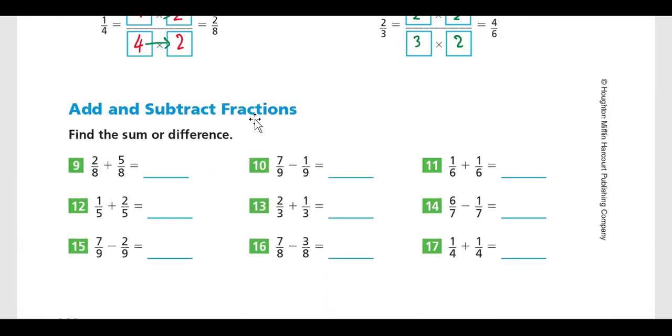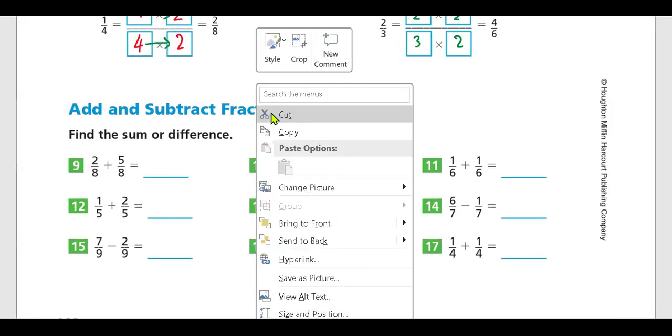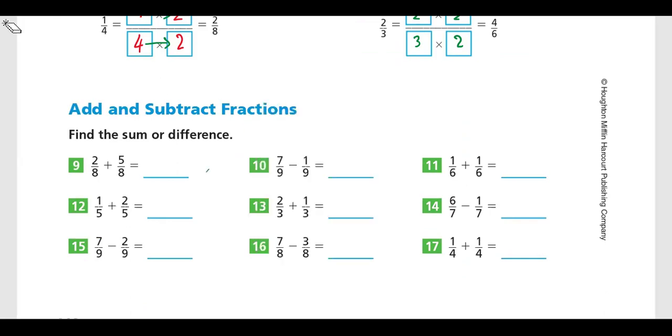Now we need to add 2 fractions with the same denominator. We write the denominator down, one of them, 8, and add the numerator only, 2 and 5. So 2 plus 5 is 7. So our answer is 7 over 8.